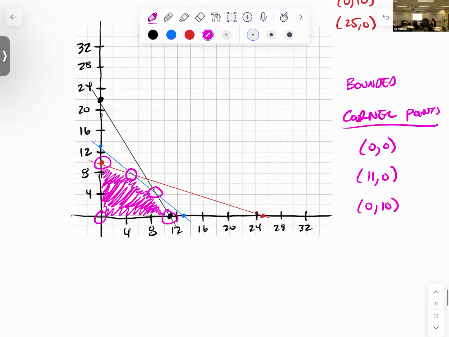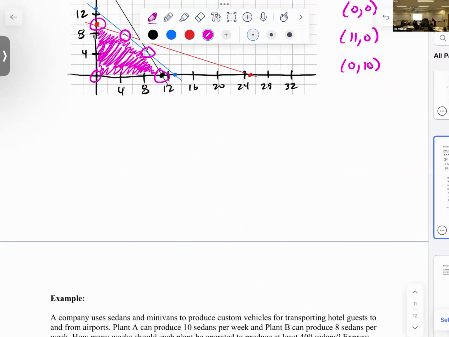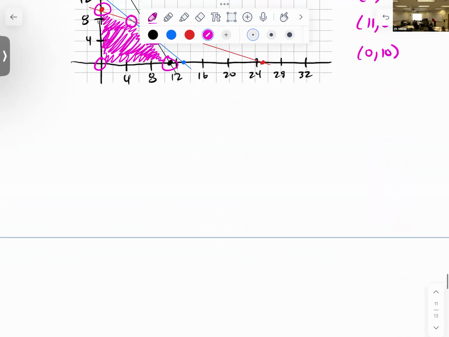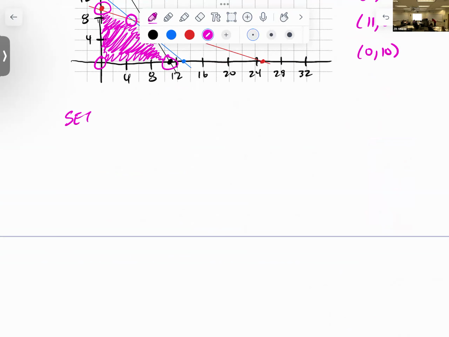All right, so the blue line. So I'm gonna set y equal to y, red equal to blue.